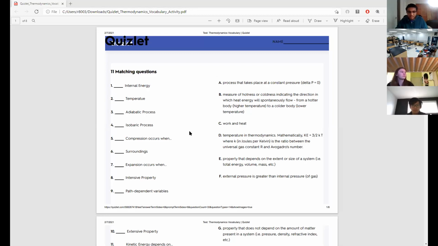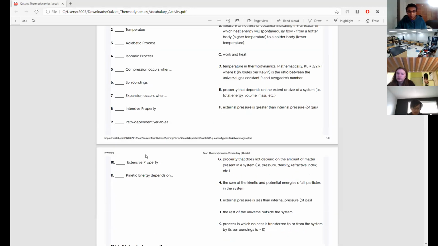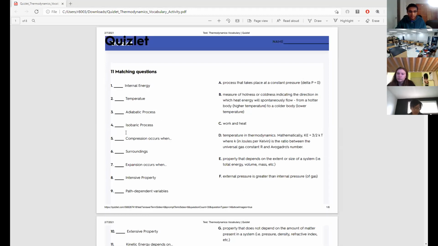We encourage you guys to try this activity out and to email your responses to vchsphysics@gmail.com. We're reviewing key ideas from the first unit, from the first lesson, where we talked about all the different terms of vocabulary. And it can be very hard to commit this to memory, right? Like what does it mean when we're talking about an isobaric process or isothermal process and all that, right?